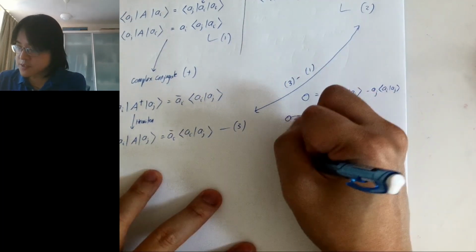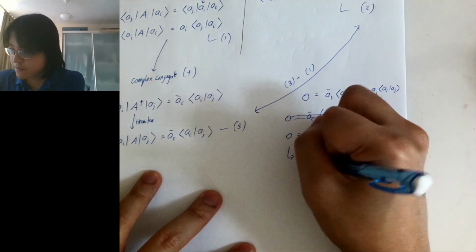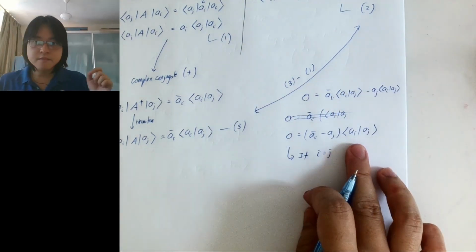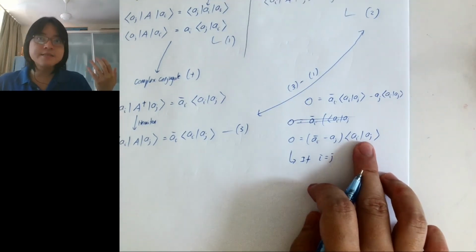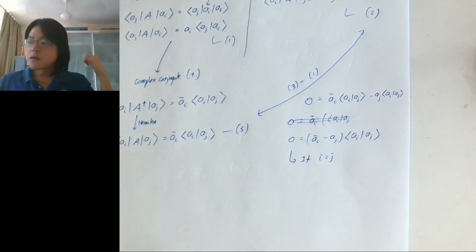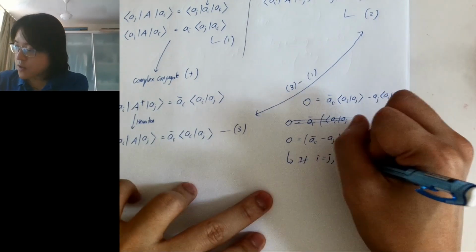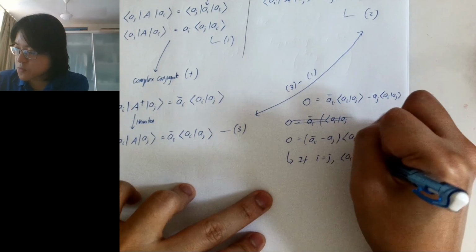So there are two possibilities. If i is equal to j, then because these are the eigenstates of the Hermitian operator, they are orthonormal. So ⟨a_i|a_j⟩ is equal to 1.